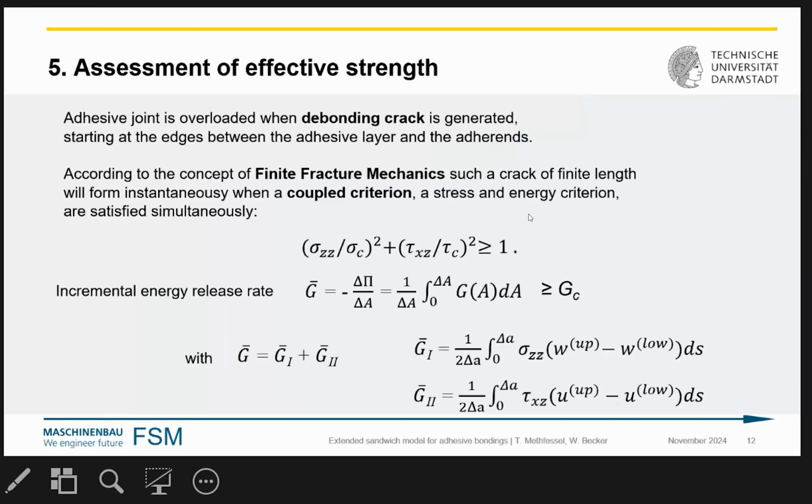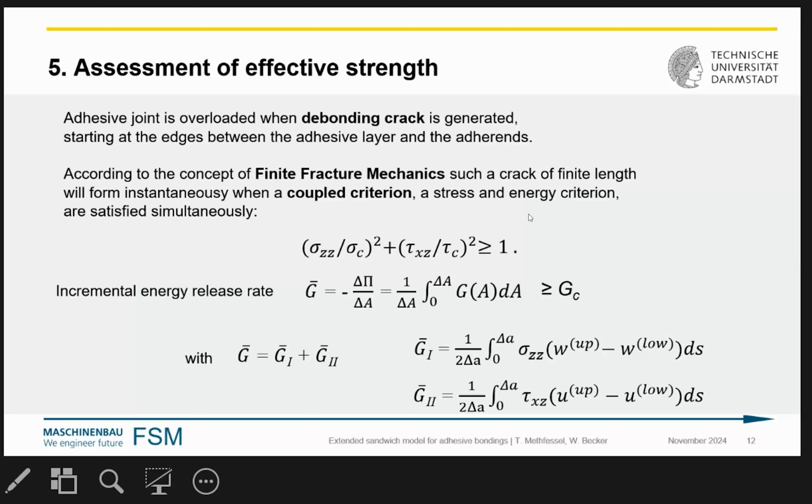Now, we do not only want the stress distributions, but we want to know what is the effective strength. When does failure occur? What is this critical loading case? And for that, we consider a possible debonding crack starting at the location of the stress concentrations, and we consider potential cracks.